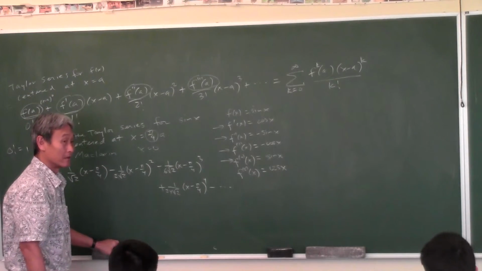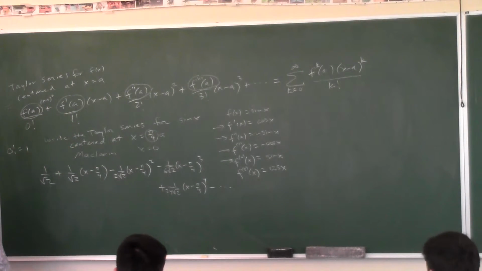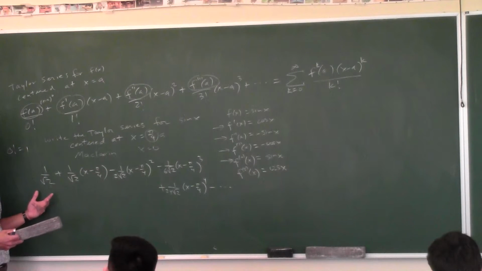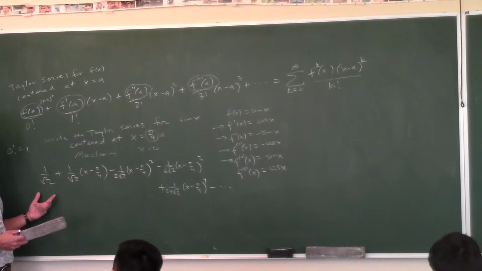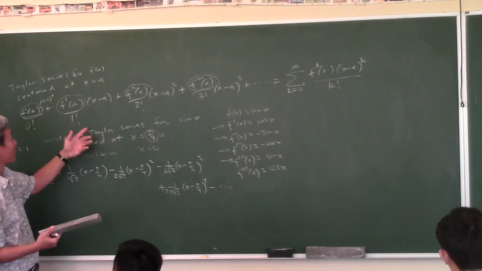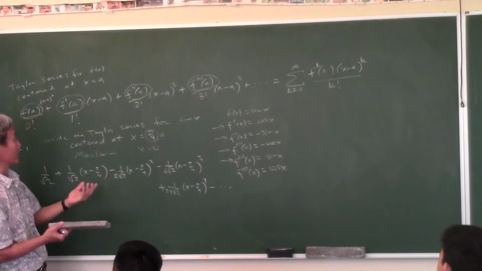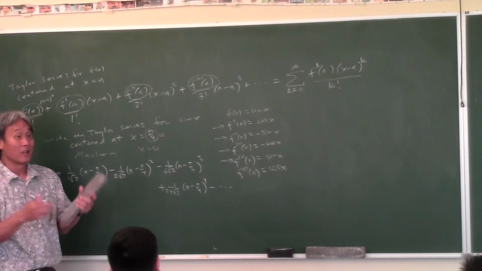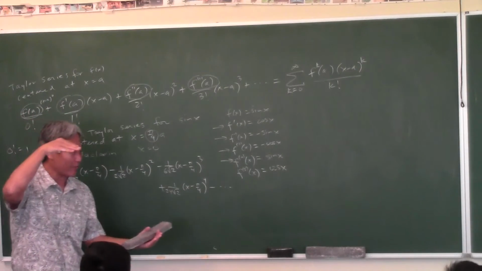Did you answer what center means? Well, you can center it at any number you want. Like pick a number so that instead of centering it at 0 all the time, sometimes it's more beneficial to center it at like 1, because then the series will converge quicker.